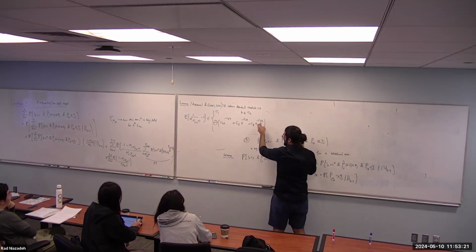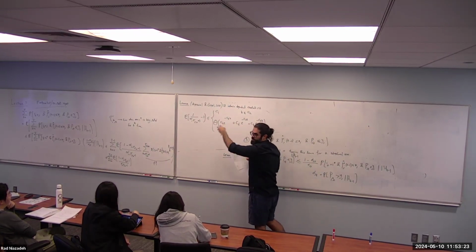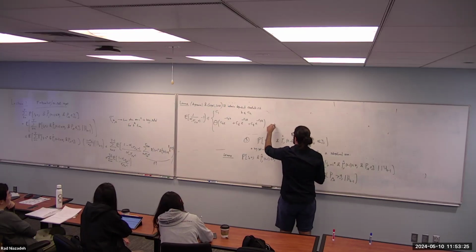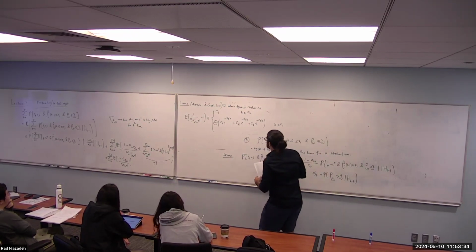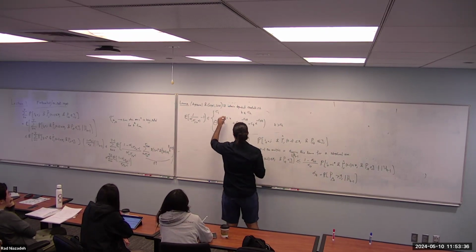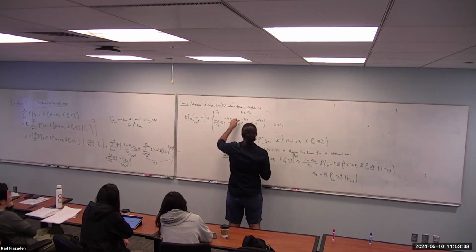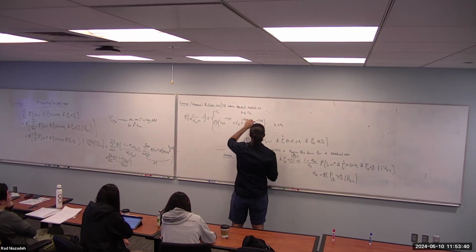So there are actually 3 types of exponential functions appearing here, if k is larger than C3.